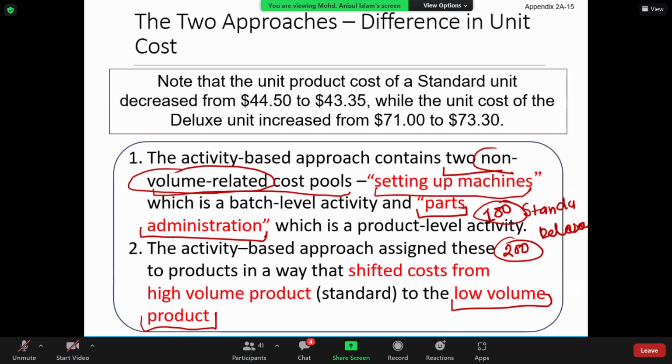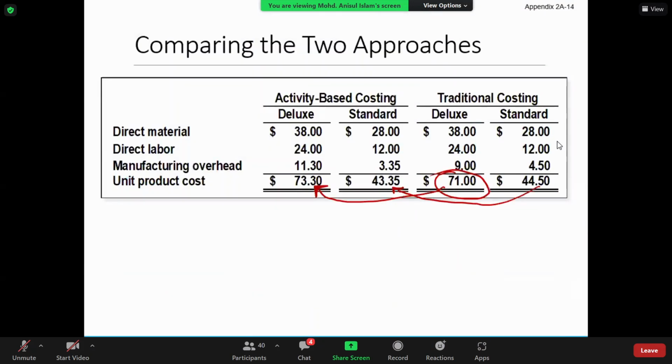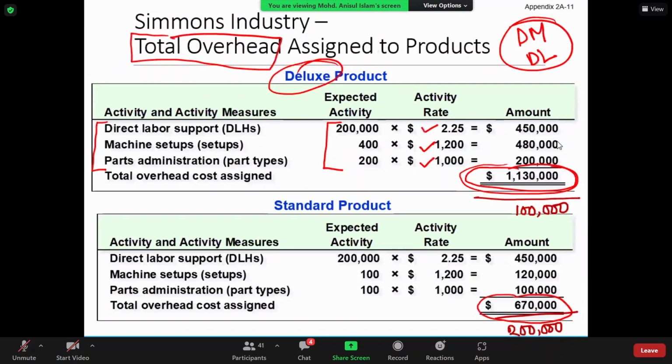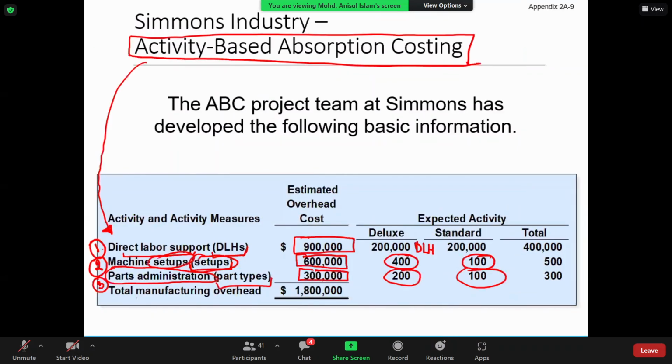We see that for the deluxe product we need more machine setup, and for the standard product we need less machine setup.